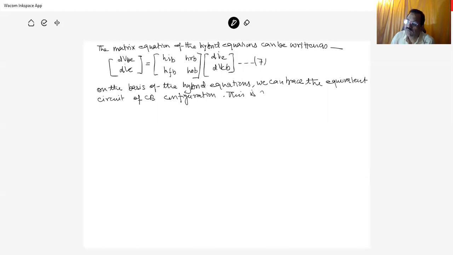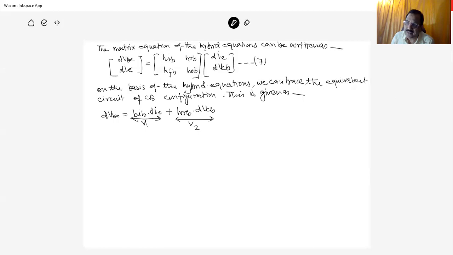This is given as dVBE is equal to HIB into dIE plus HRB into dVCB. So this is the one voltage, here it is the second voltage, V1 and V2, and this is the sum. So these are the linear sum of the voltages.